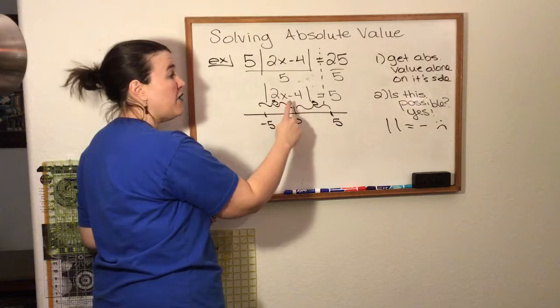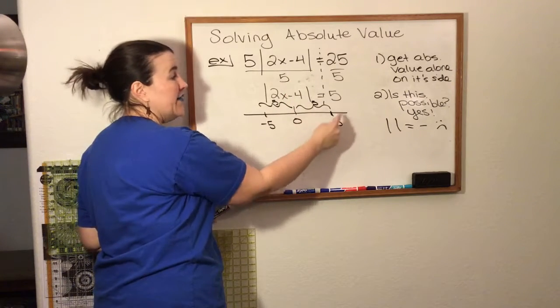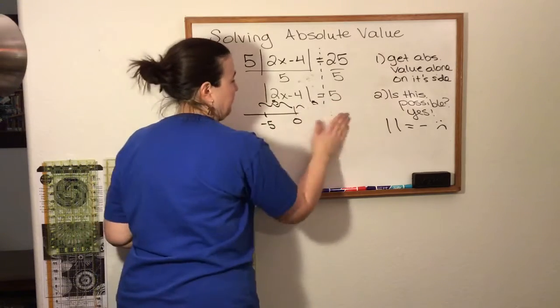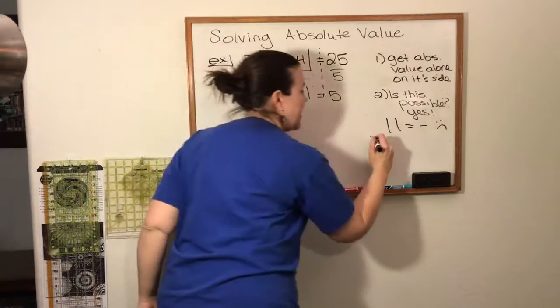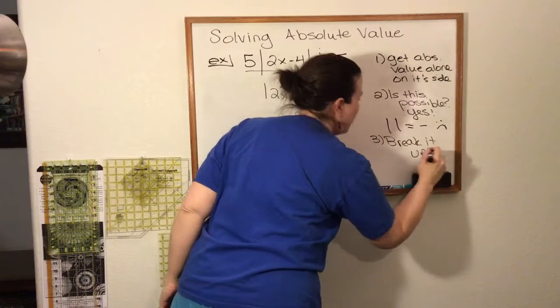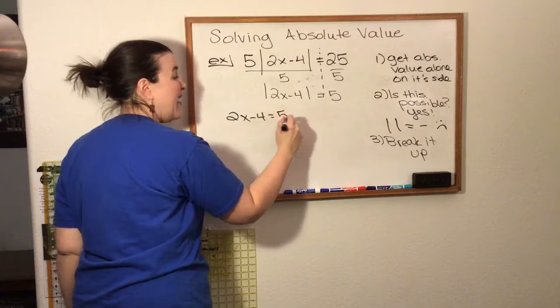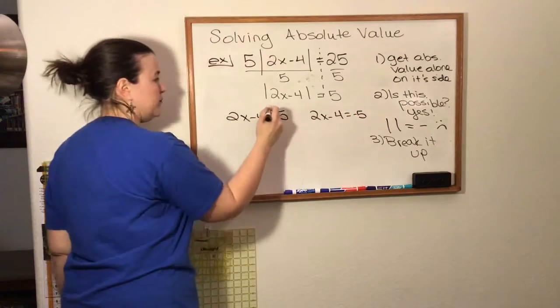So absolute value has 2 answers because the absolute value of 5 is 5, and the absolute value of -5 is also 5. Okay, so when I have this step, I now break it down. Break it up. So I'm going to break this up. I have 2x minus 4 equals 5, and I have 2x minus 4 equals -5.